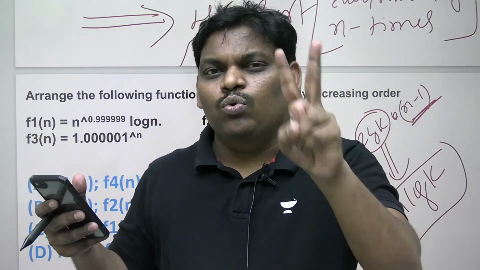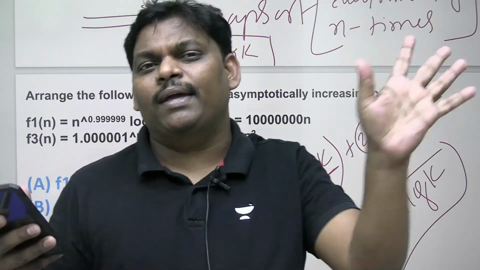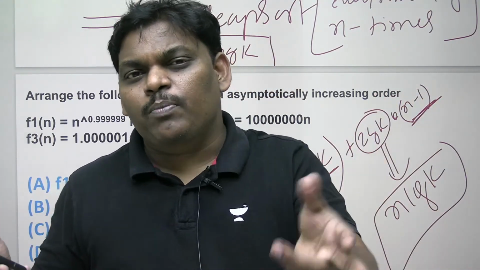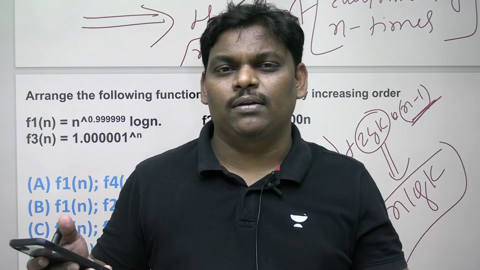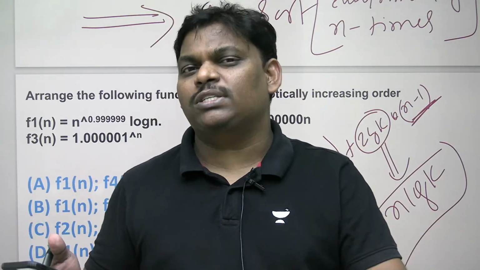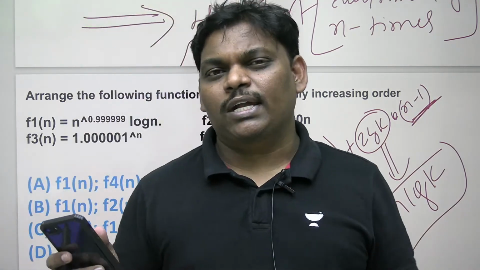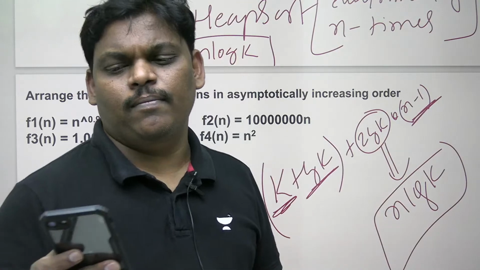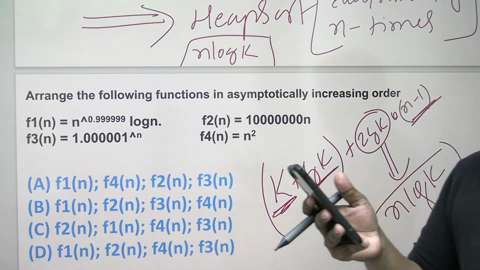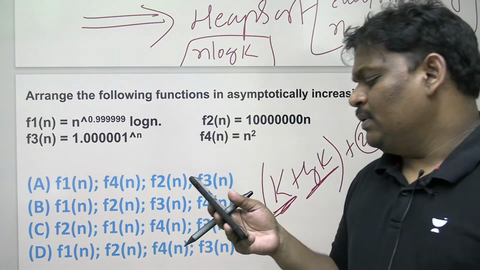So every time 2 log k, for n minus 1 times. The first time the min heap is not available, so for k people we create a min heap using the build heap method, which is k, and deletion is log k, so k plus log k for the first time. The remaining times are 2 log k, n minus 1 times. Finally n log k.